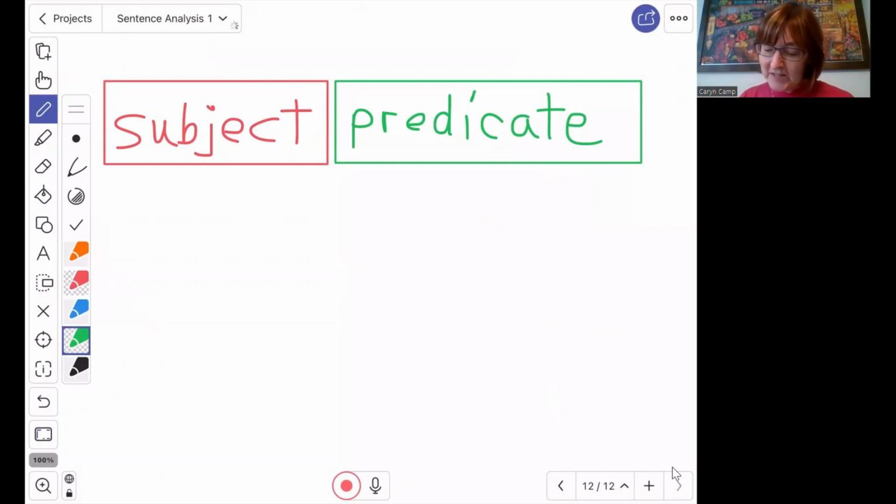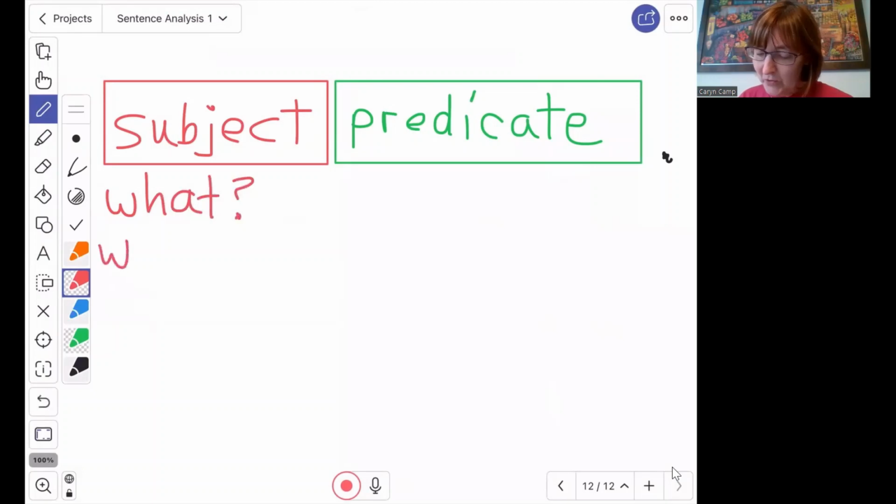Well, let's look back at our subject. Remember, each part is important. Each part has to be there so that we can put a period at the end. Each part answers a question. What question does the subject answer? It answers the question, what or who is this whole sentence about?